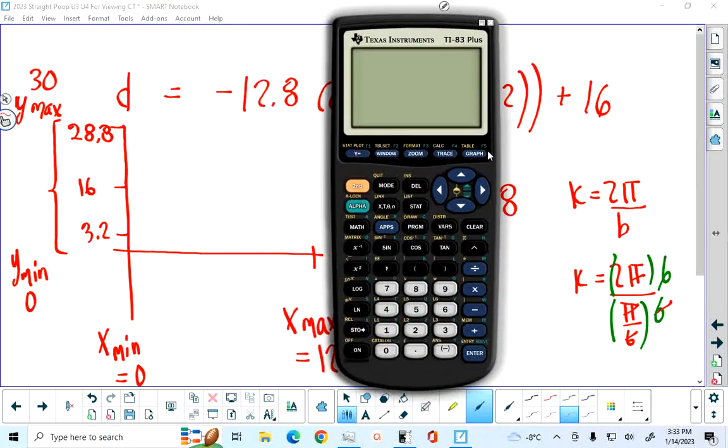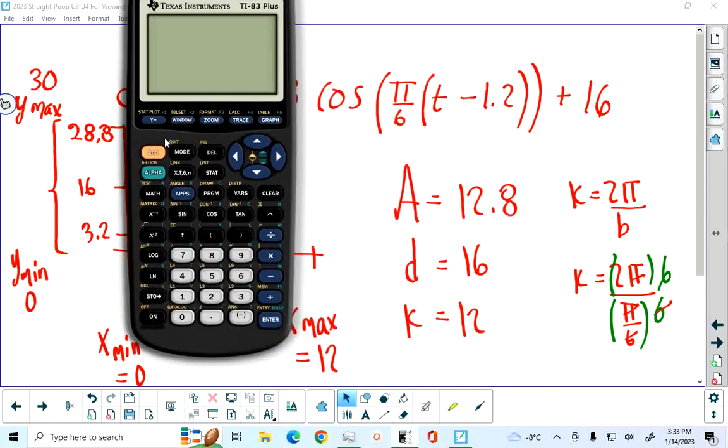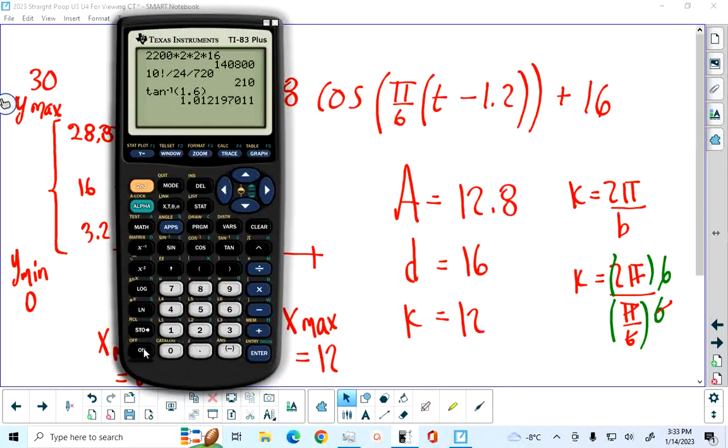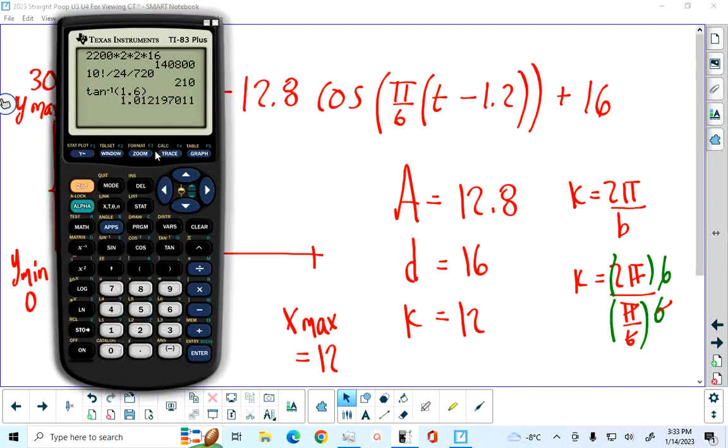I'm going to put in the function y equals negative 12.8 cosine, and then I have pi divided by 6, and then I'm multiplying pi divided by 6 by x minus 1.2.